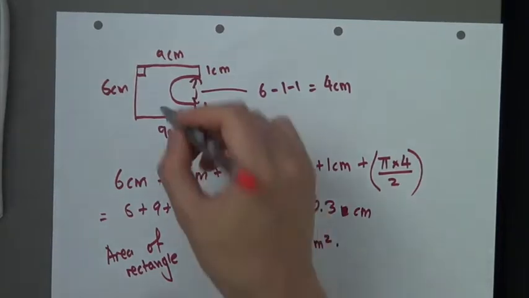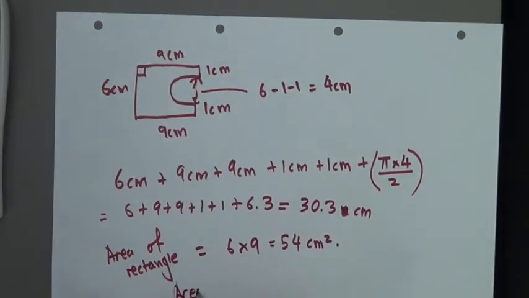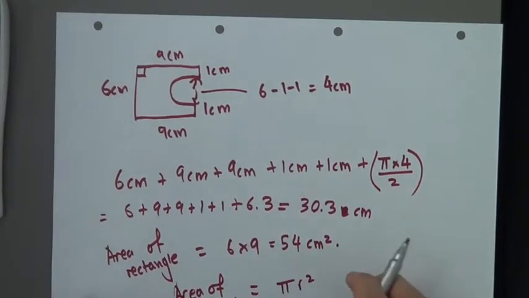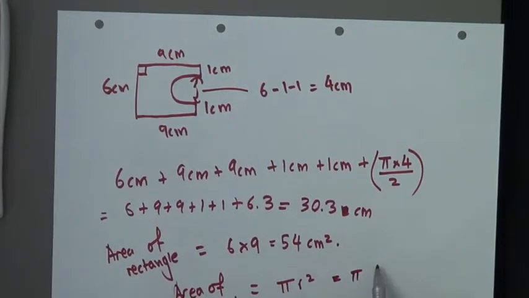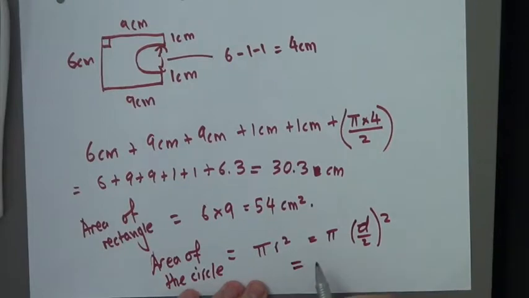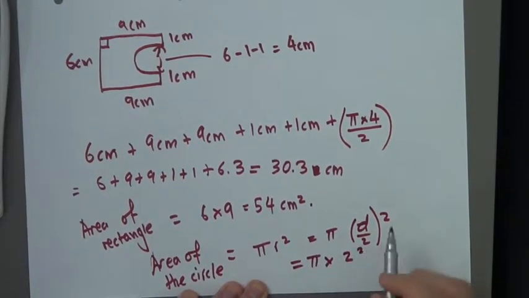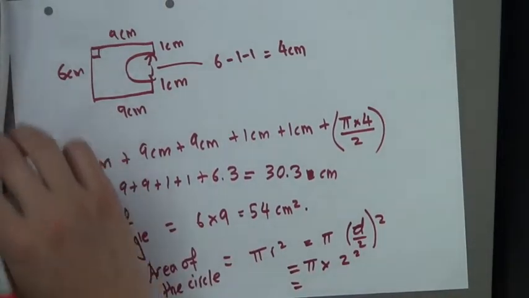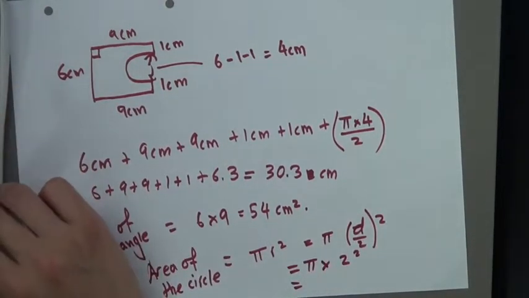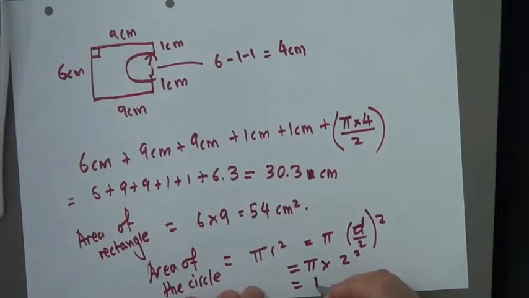Now, the area of the circle is equal to pi r squared, or pi times d over 2 squared, and that's equal to pi times 2 squared, which is 12.6 centimeters squared.